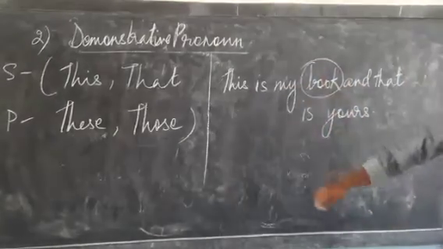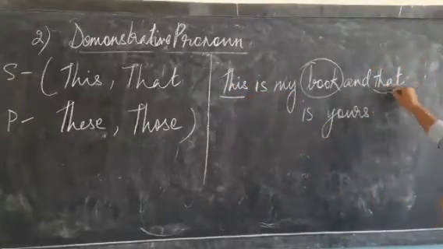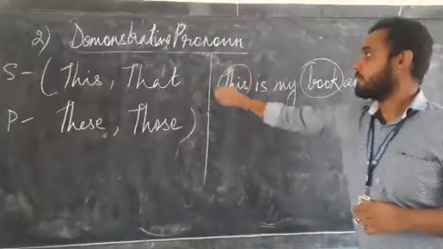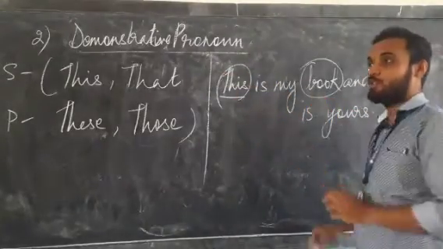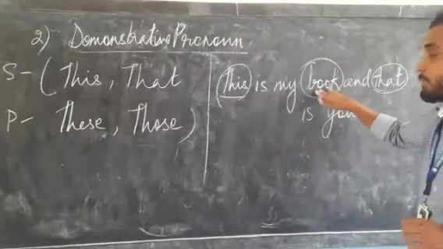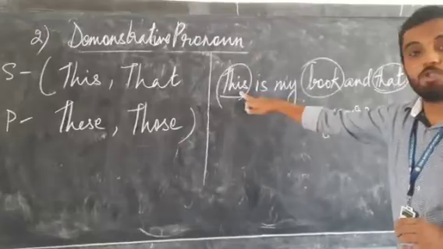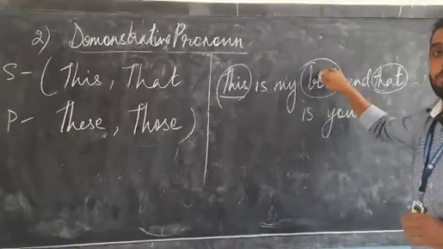The demonstrative pronouns that we have used in this statement are this and that. Now see the work the demonstrative pronoun is doing in this statement. This is my book, a noun, and the demonstrative pronoun is pointing out to the noun.